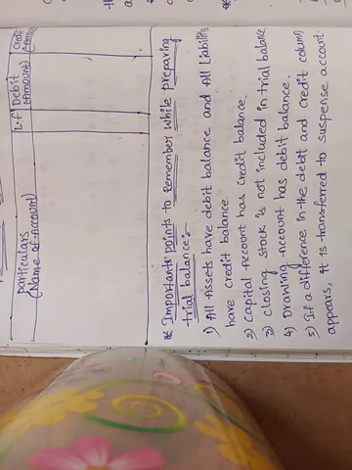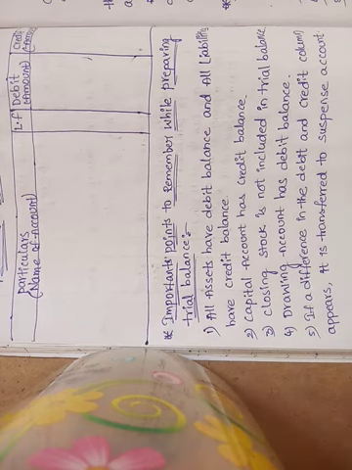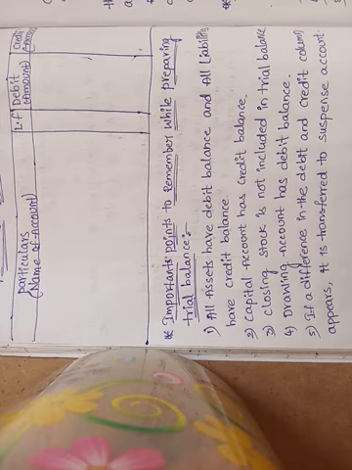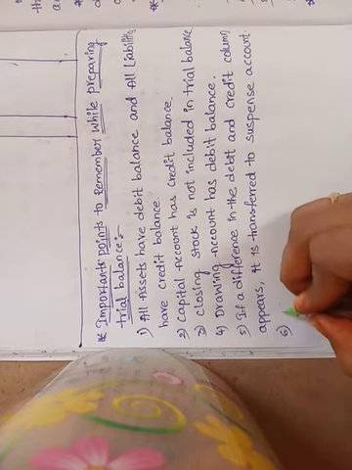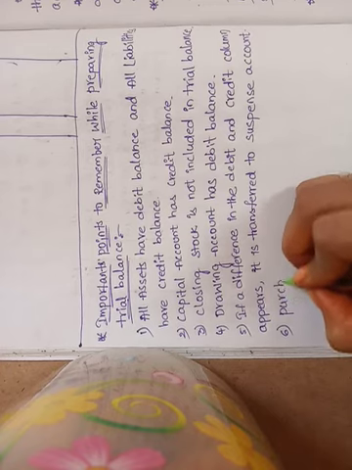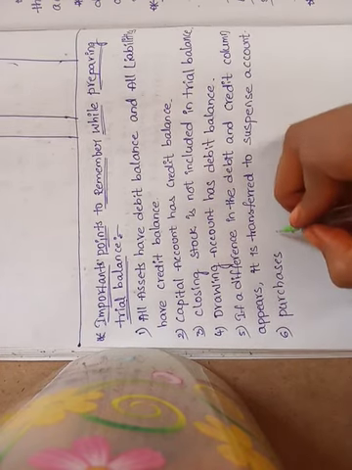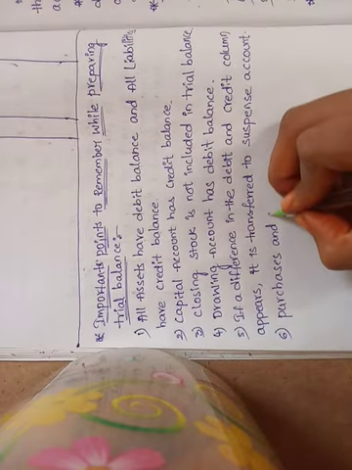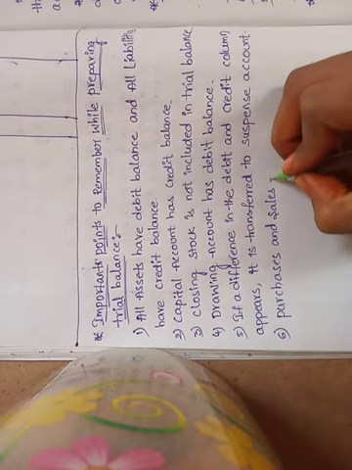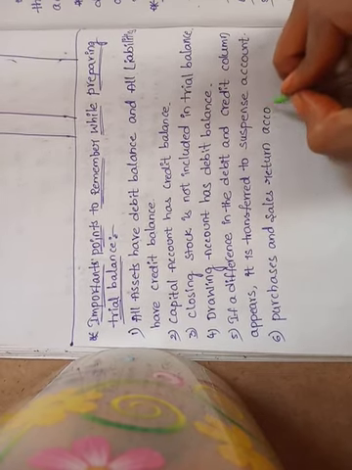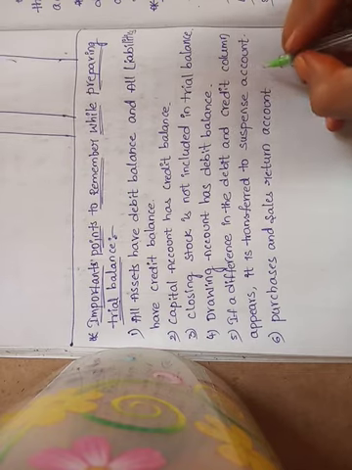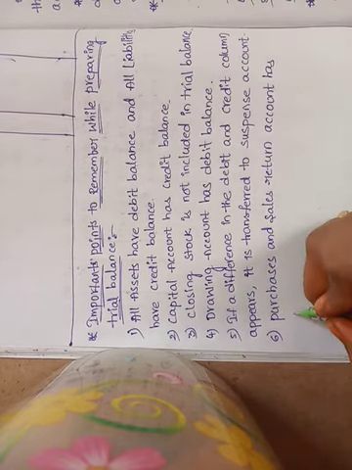Next, purchases and sales return account has a debit balance, and sales and purchase return account has a credit balance. Purchases and sales return account has debit balance.